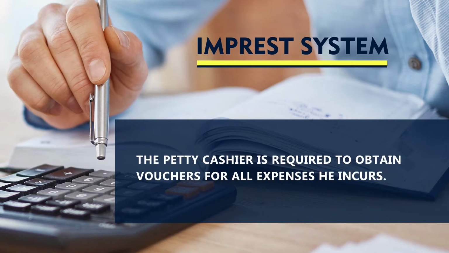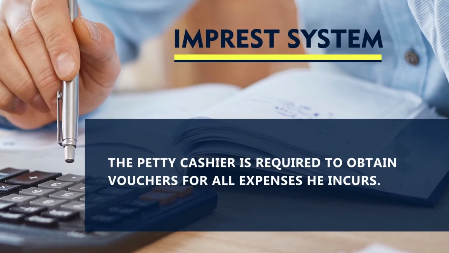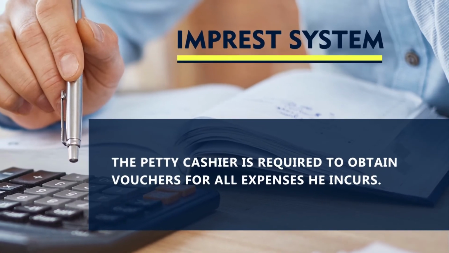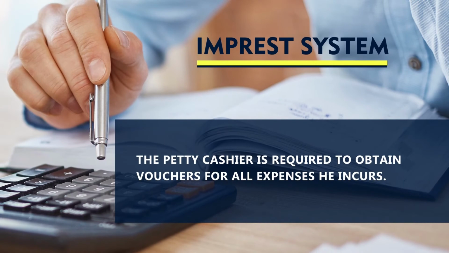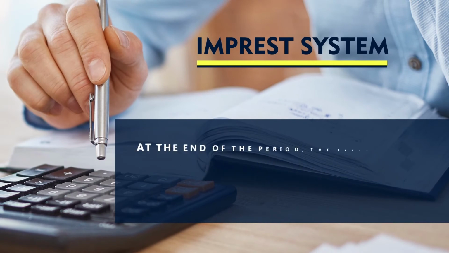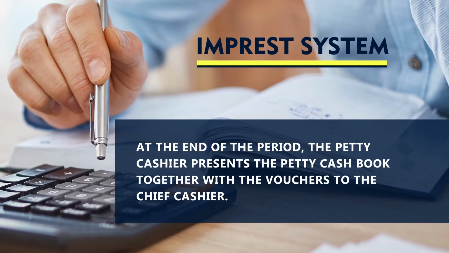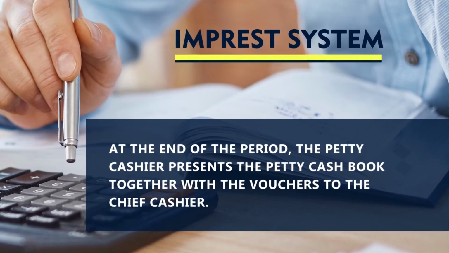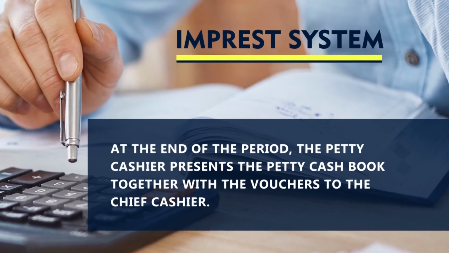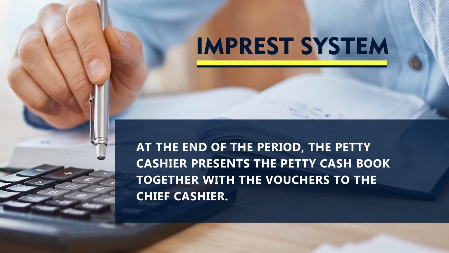The petty cashier is required to obtain vouchers for all expenses he incurs. At the end of the period, the petty cashier presents the petty cash book together with the vouchers to the chief cashier.